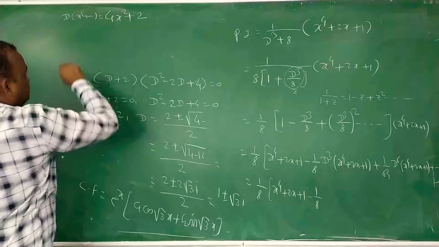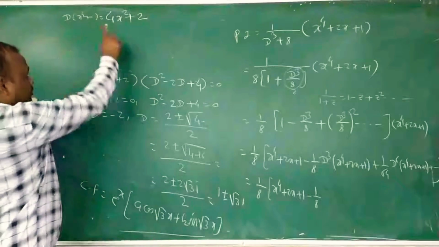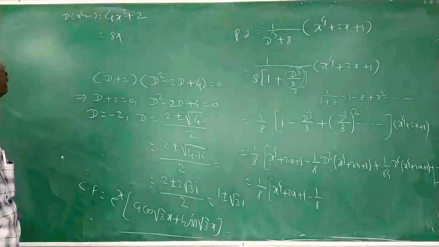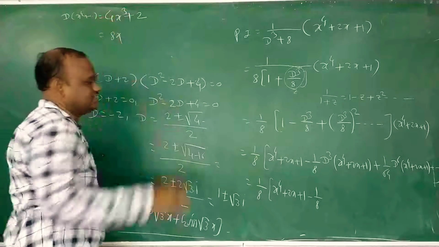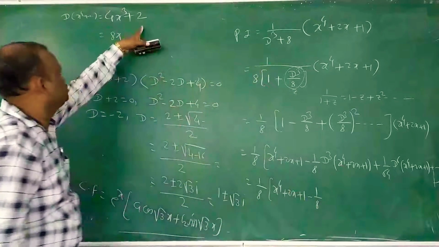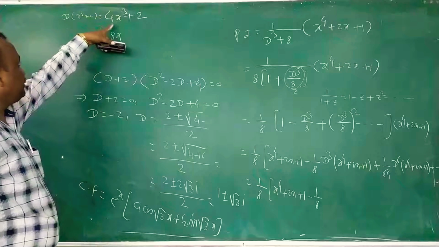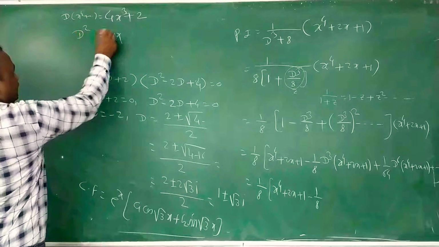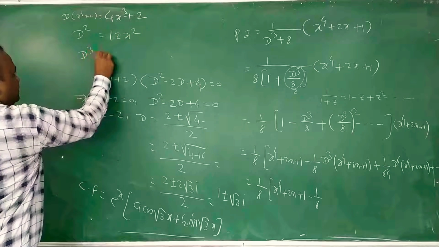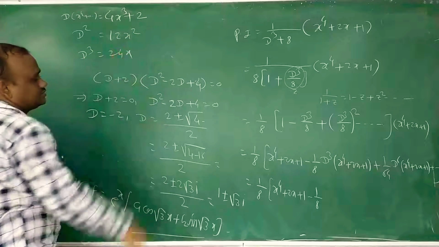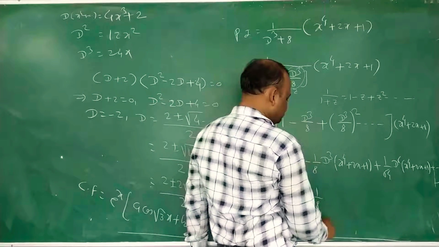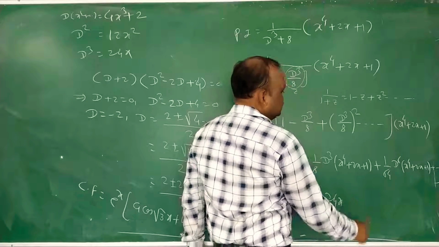Then the second derivative is D square. If we find the derivative of this again, the second derivative is 12x square and the third derivative is 24x. So D cube of x raised to 4 plus 2x plus 1 is 24x.